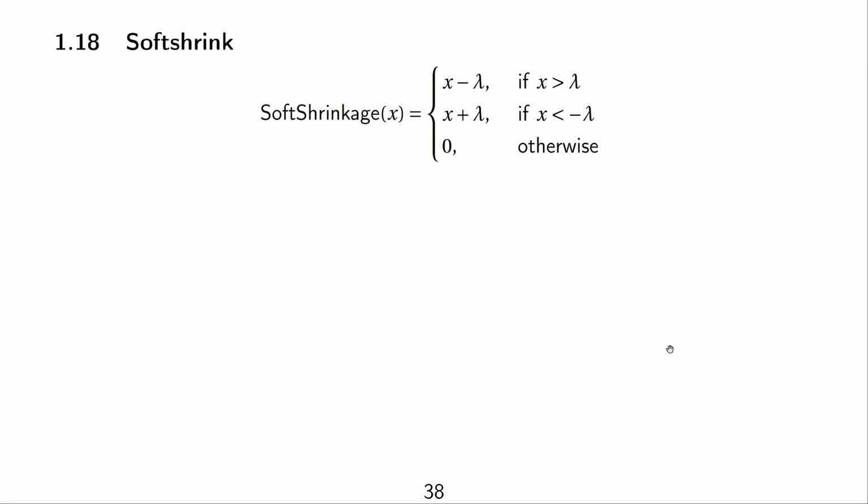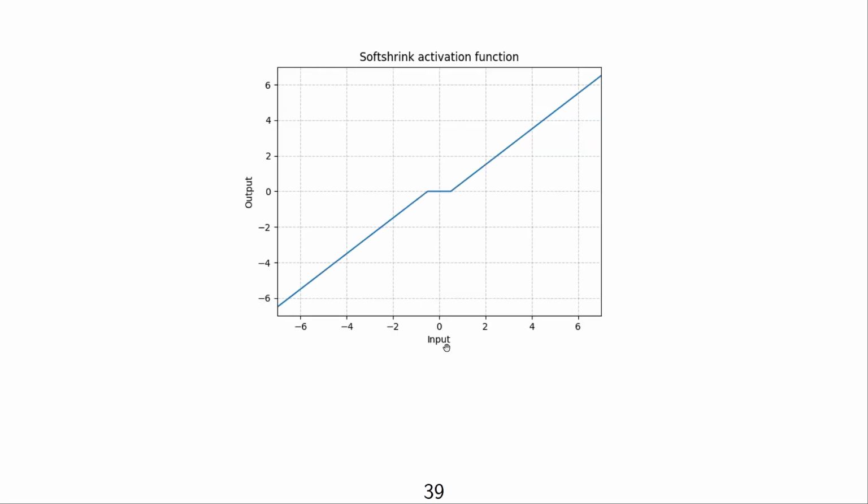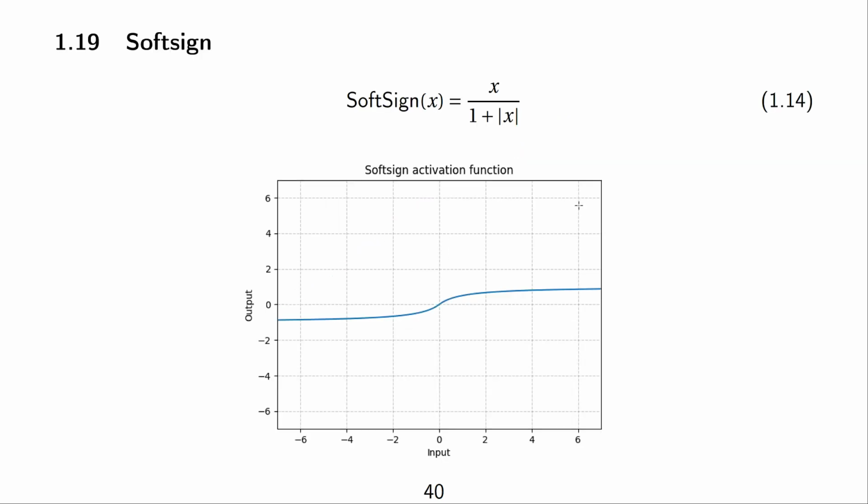Softshrink, let's just look at the plot. So again, it just goes up, then 0, and then linear again. Let's skip it. Softsign. So softsign is x divided by 1 plus the absolute value of x. We'll also not comment on this.